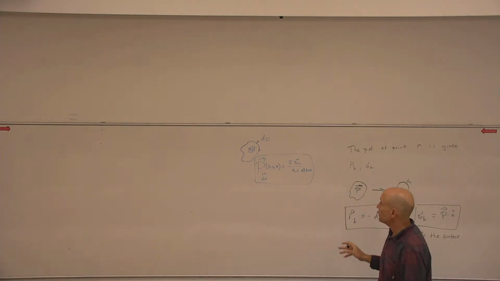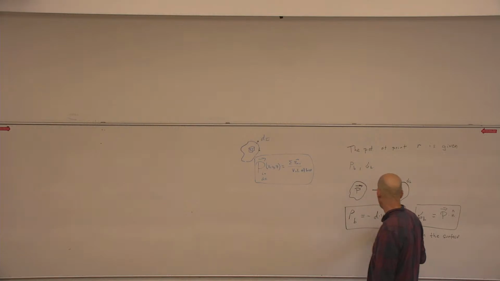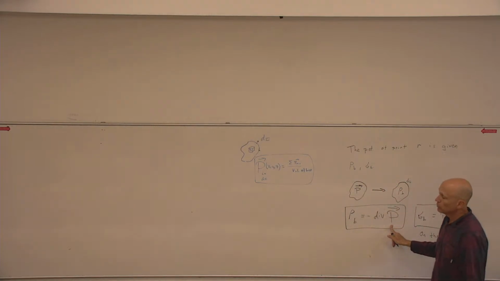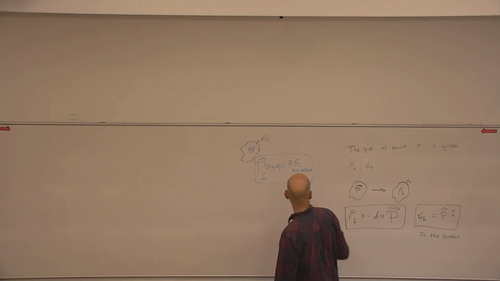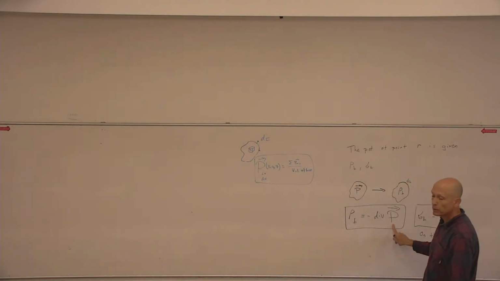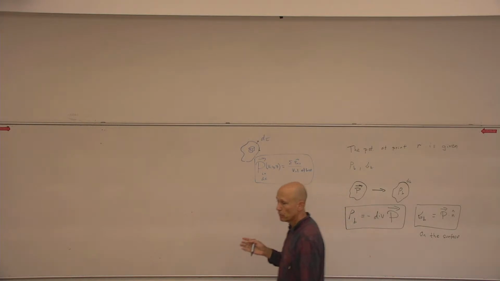You need, in principle, to know all the polarization on the surface and everything inside to calculate div P. So for example, if P is a constant, what happens? There is now no charge density, because div P is 0, and you will have only charge on the surface.